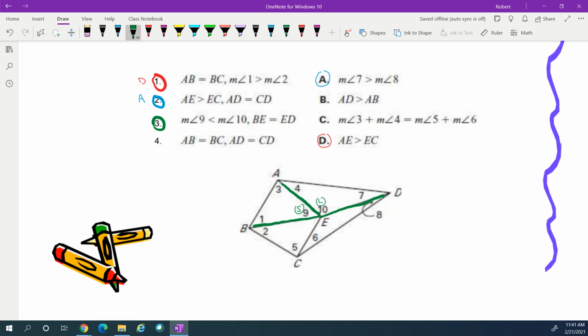That's the larger. We're told BE and ED are congruent. Those are the sides there. Okay. So again, angles and sides that are opposite of each other. Angle 10 is large. Opposite that is the larger side. Angle 9 is small. Opposite that is the smaller side. So AD is larger. And we can see our answer is B, which means by default, number 4 is C.